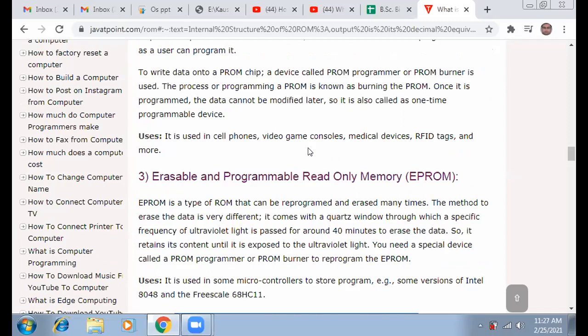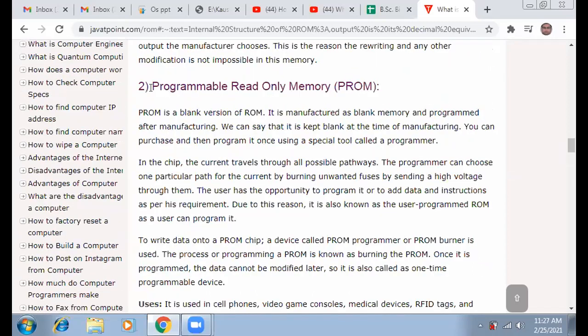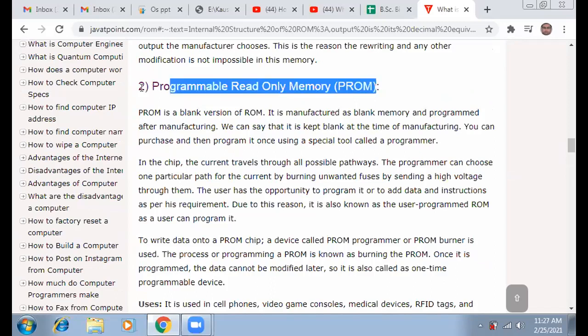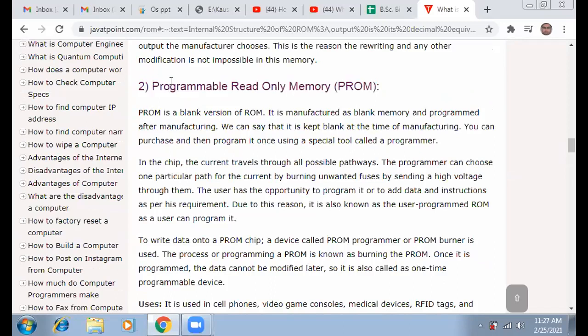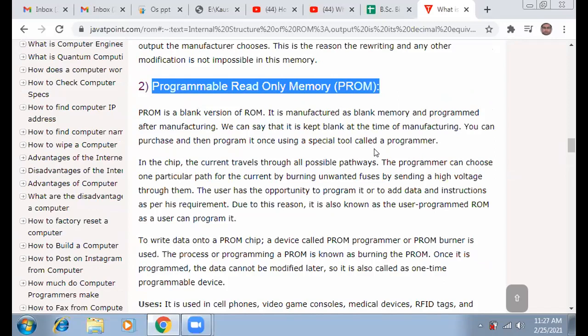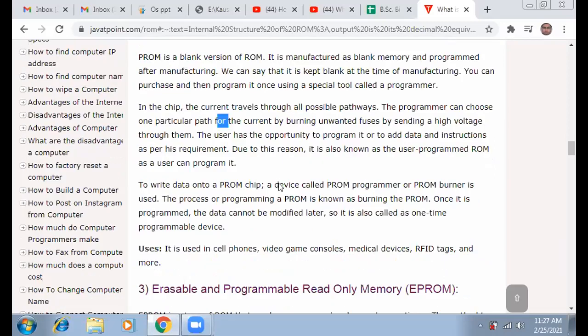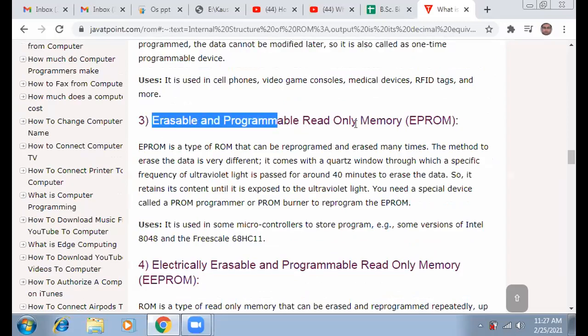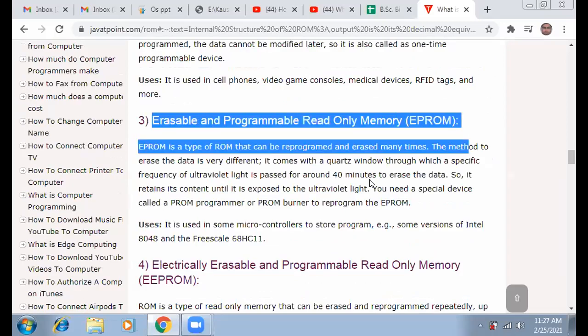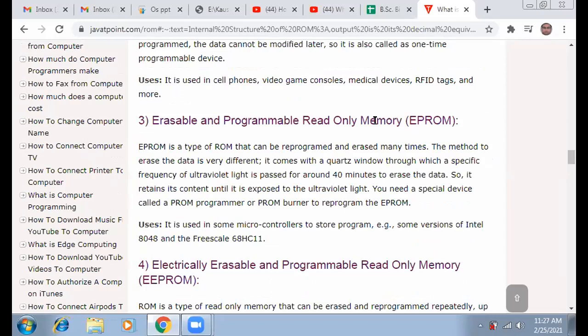So how to remove it? That is not possible in case of PROM. PROM is non-removable. We cannot remove the logic which has already been burned inside the ROM. It's not possible. So to remove the logic, we have to use EPROM, erasable programmable read-only memory.